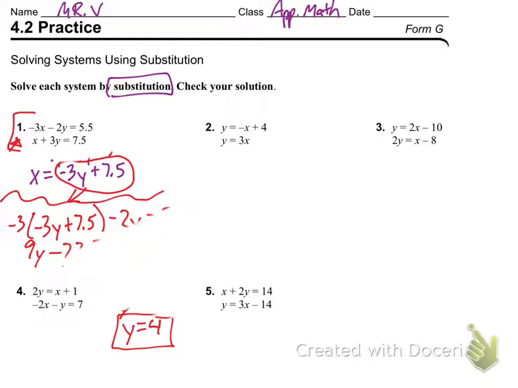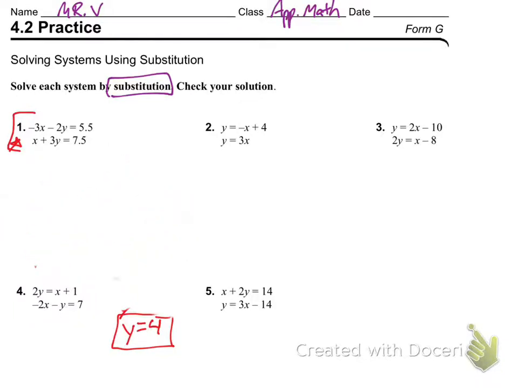You would not erase it. You would keep and show your work. So that would be x plus 12.